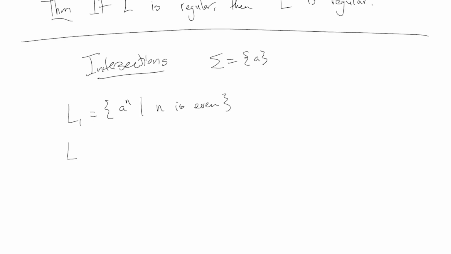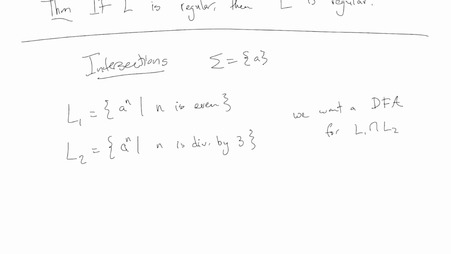Let's say L1 is all even length strings on A, and L2 is going to be all multiples of 3, so A to the n where n is divisible by 3. All right. So first I'm going to draw a DFA for each of those. And our goal is we want a DFA for L1 intersection L2.